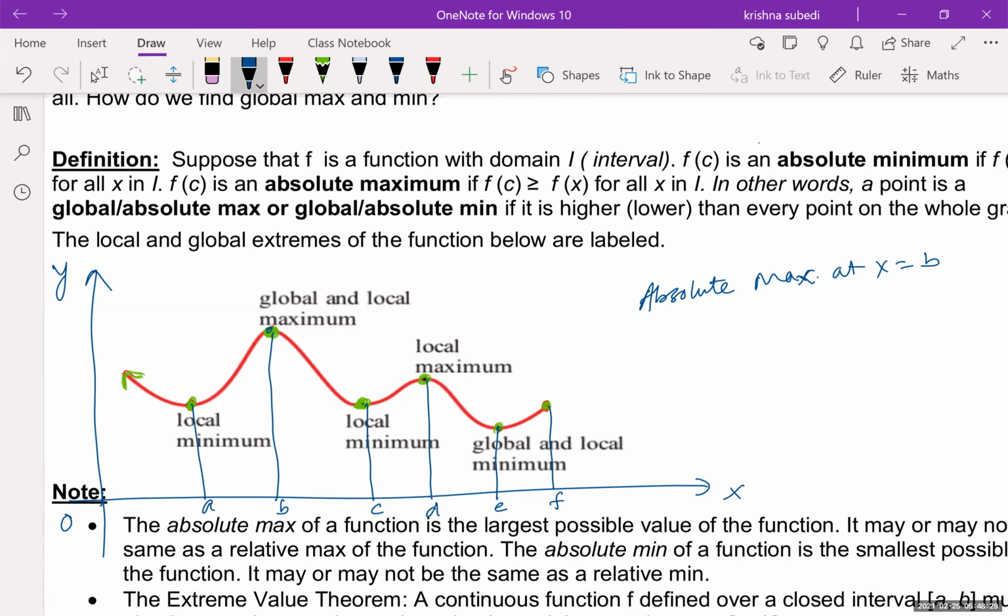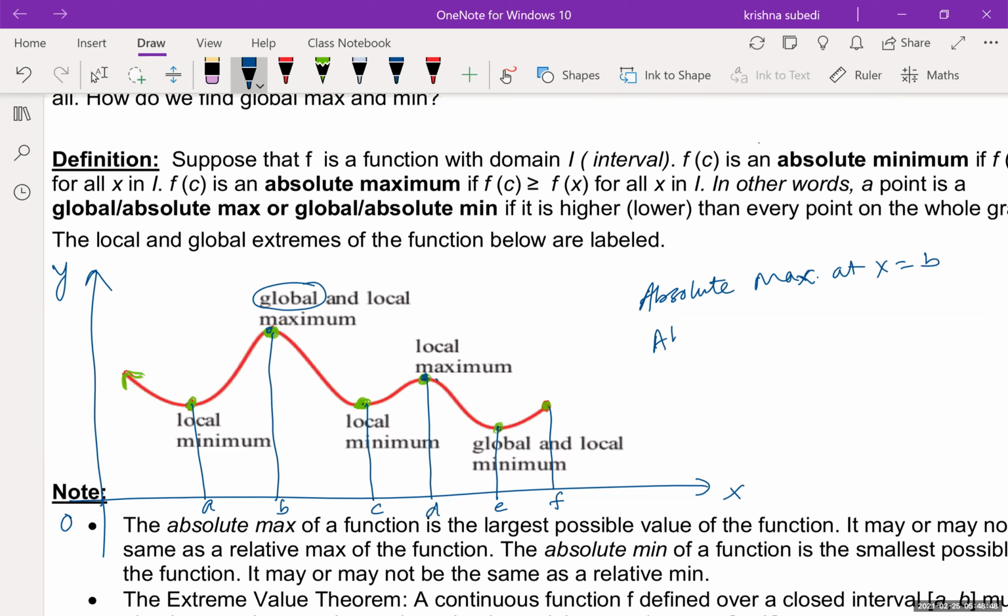There is one maximum point, there is another one, and when you compare them, because look at the word global, we're looking at the whole graph at once, the graph as a whole. This is the true maximum at x equals b.